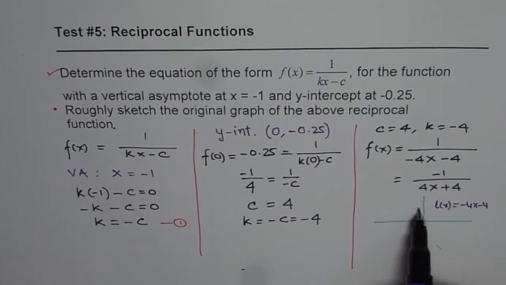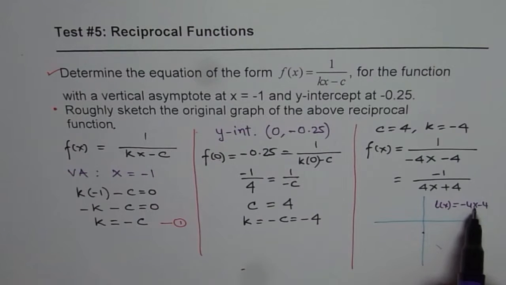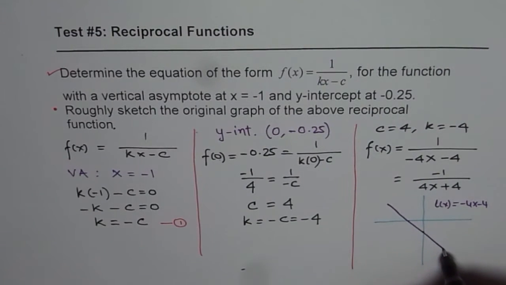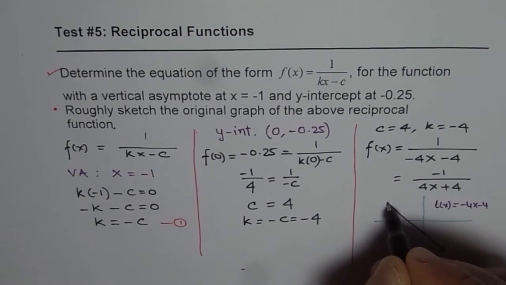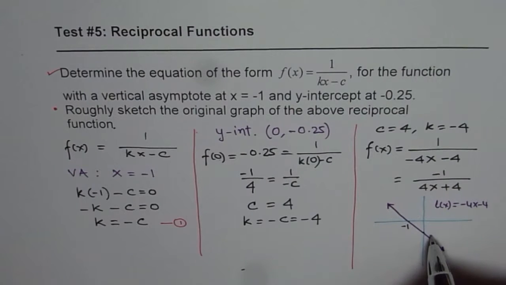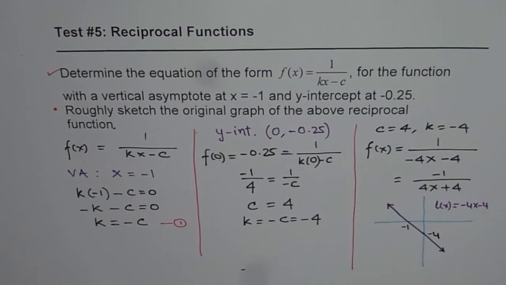So this is going to be 0 for x equals minus 1. So if x is minus 1, we get 0. So it is a straight line which is kind of like this, going downwards. So the line will have the x-intercept at minus 1, and the y-intercept will be at minus 4. Correct? So that is how it is going to be.